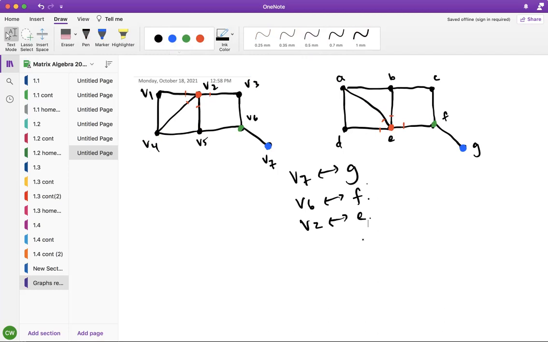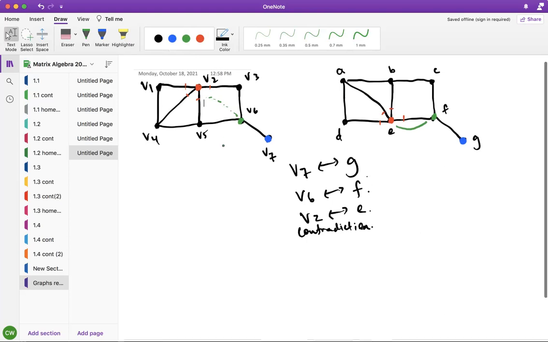So there's a problem here. This causes a contradiction. Why is that? Well, F is connected to E, but V6 is not connected to V2. So immediately this is a contradiction.